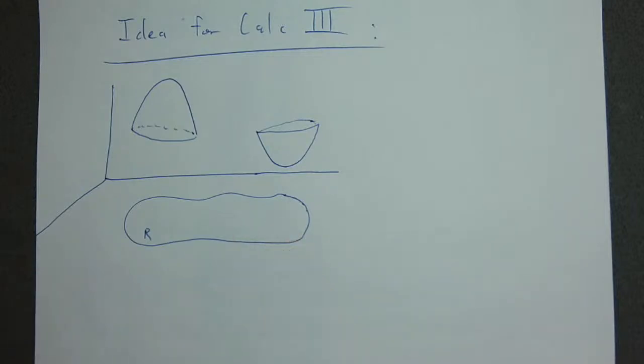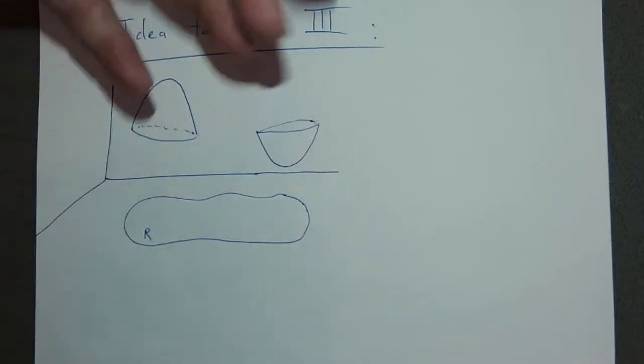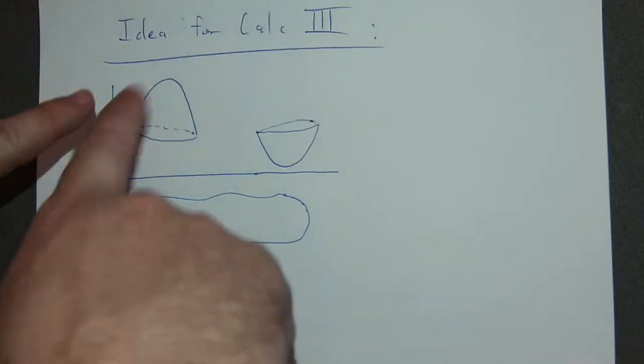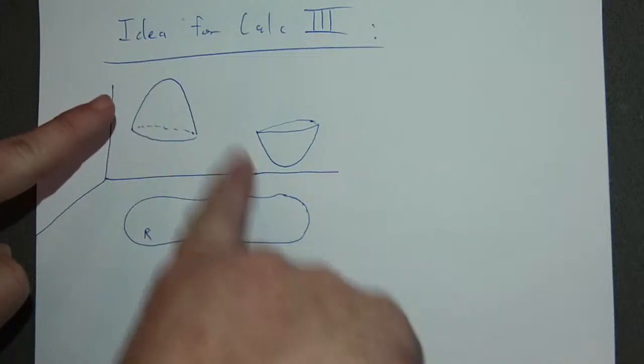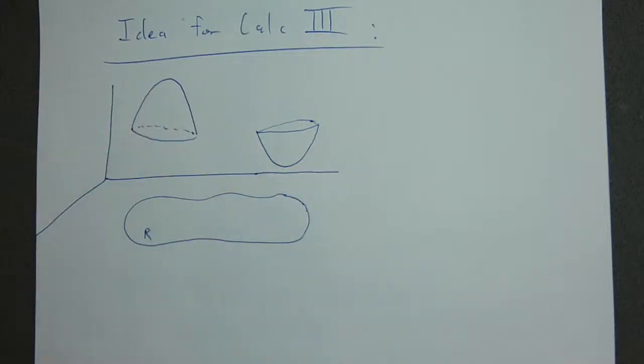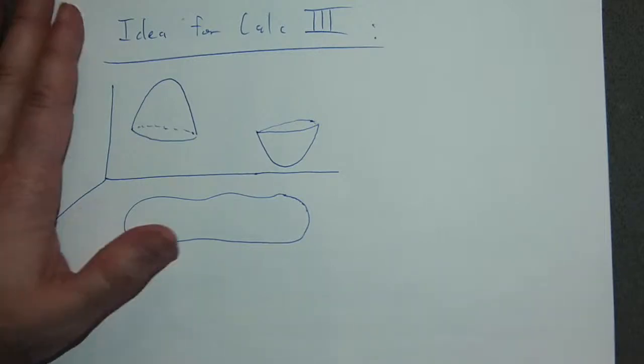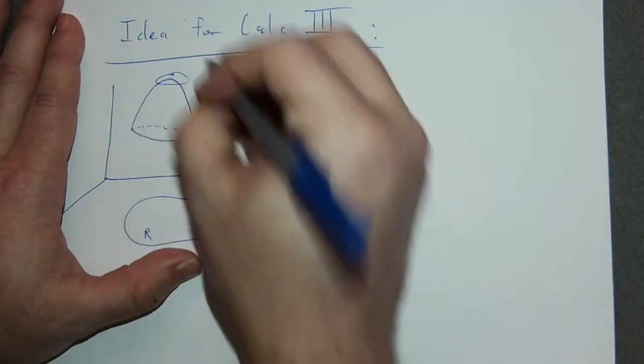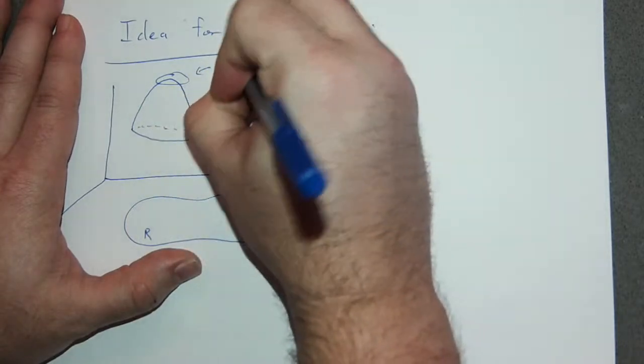Okay, so if I'm thinking of it like that, the idea is that above this R is the graph of my function. Maybe it has some places where it's got some hills, maybe it's got some bowls. I want to know where these are, and I want to know, if I know all those points, can I kind of sort of reconstruct what the graph of the function looks like? That's the hope here. And so this is what a relative max looks like in Calc 3, right?